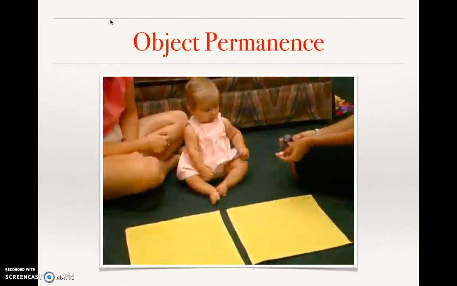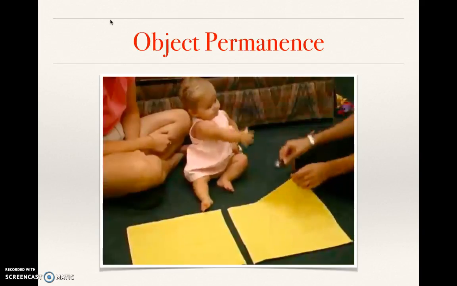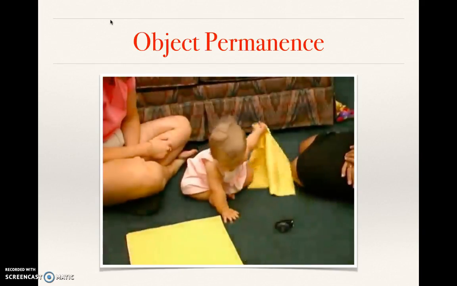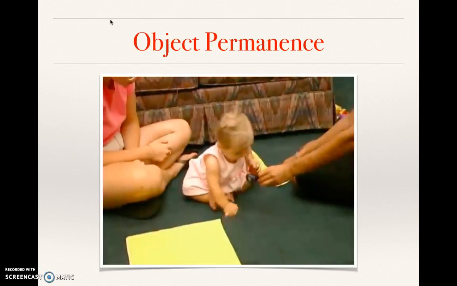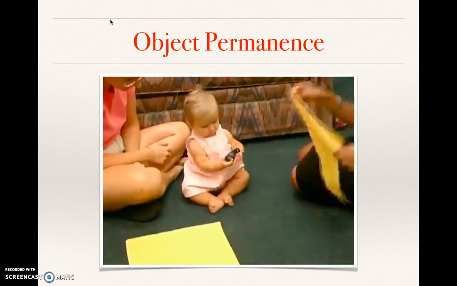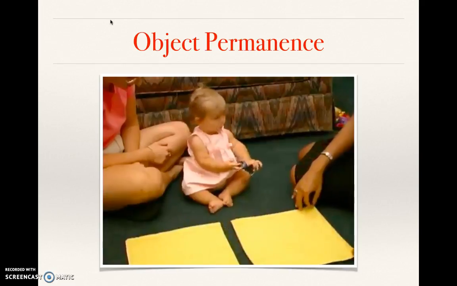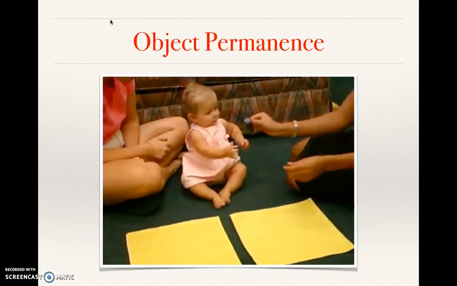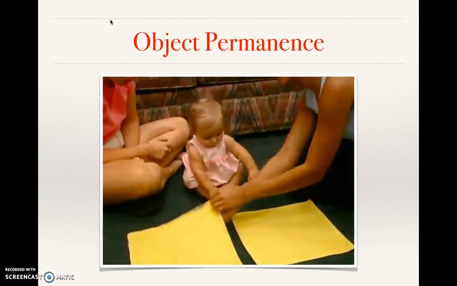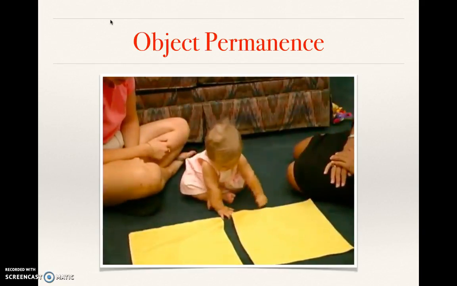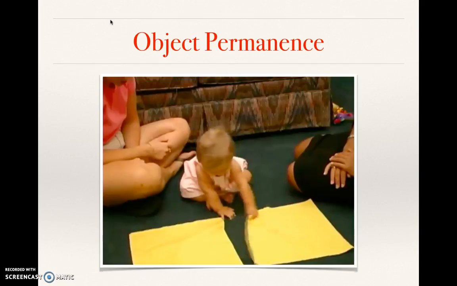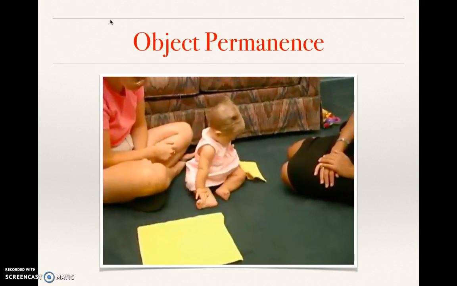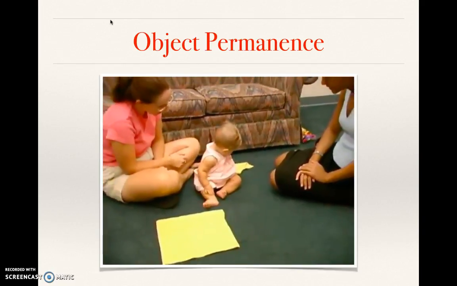The researcher still hides the object in the initial location, location A, and the baby once again has no problem finding the object. The object is now hidden under location B, and even though the infant saw the researcher put the object there, she still looks in location A trying to find it.